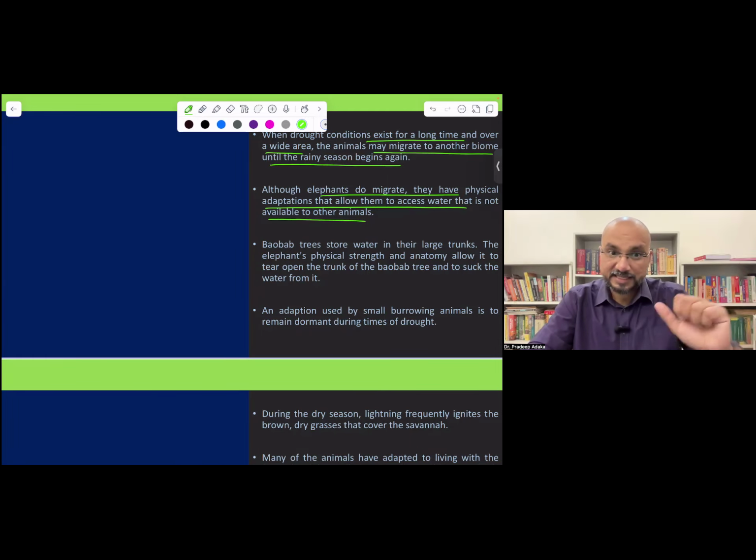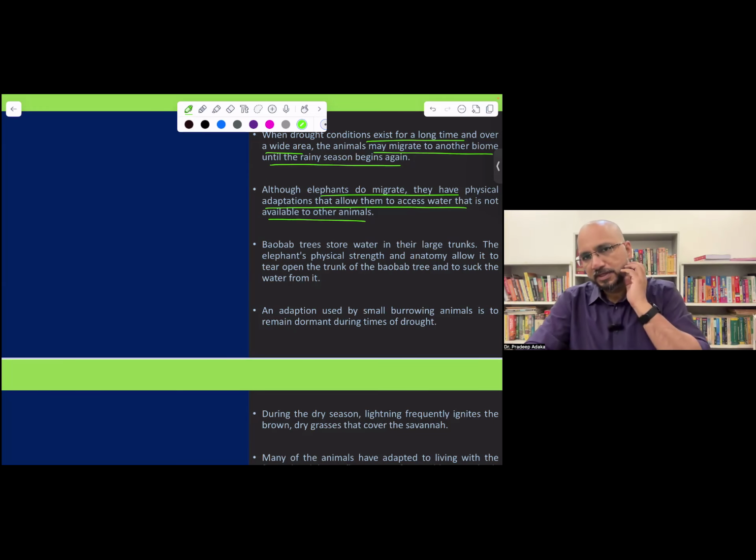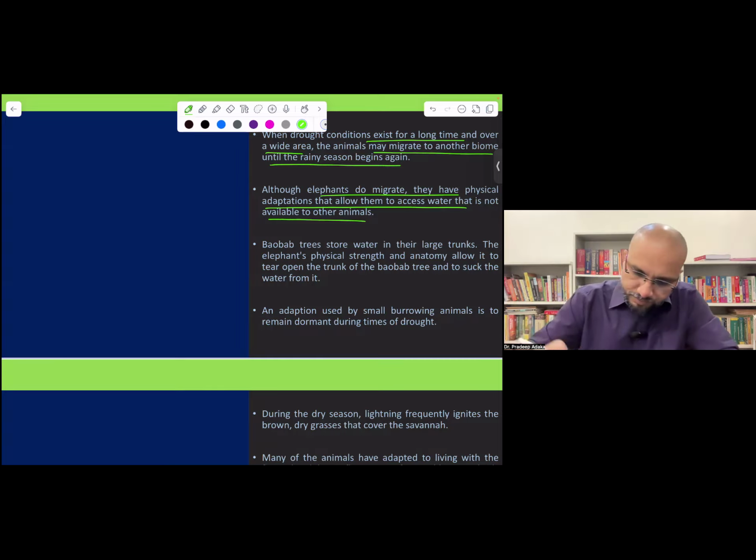So जो दांत दिखता है तुमको, so the tusk that you see, it is the second pair of upper incisors that are modified into tusks. Actually, elephant, it eats with the help of molars. Lophodont teeth are present in elephant. So with the help of molars, it chews. Okay, so those are the chewing teeth, molars.